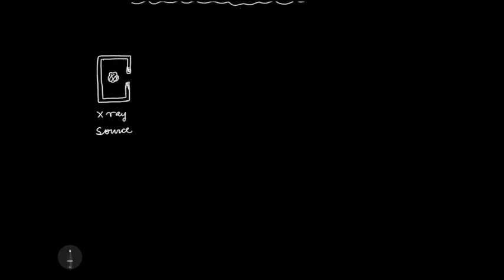So he used two different types of sources. One is molybdenum, 0.708 angstrom. I said of the order of 1 angstrom. So this is the wavelength of the X-ray source. And the other is tungsten.